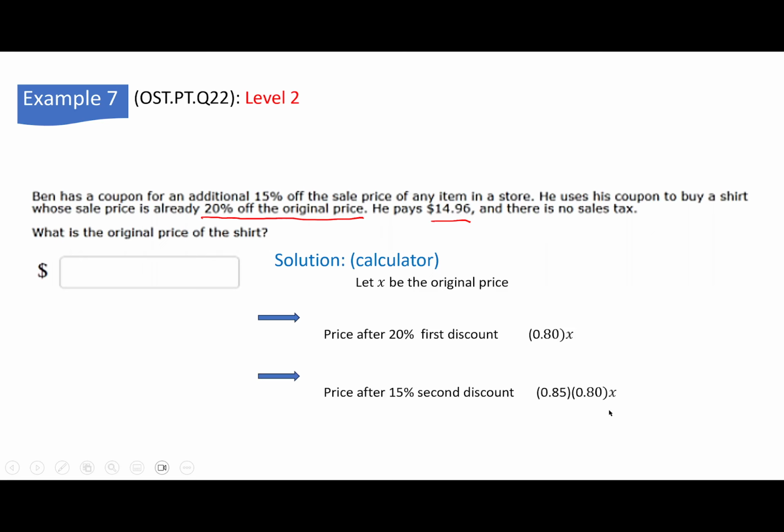So we take that and times it 0.85. You get 0.68x. Now, he paid $14.96. Equation. Now you divide both sides by 0.68 and you get that the original price was $22.